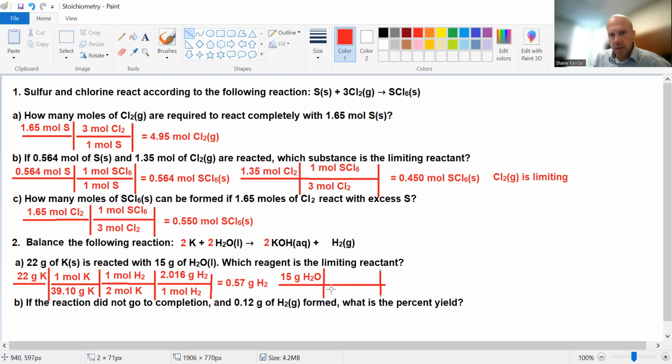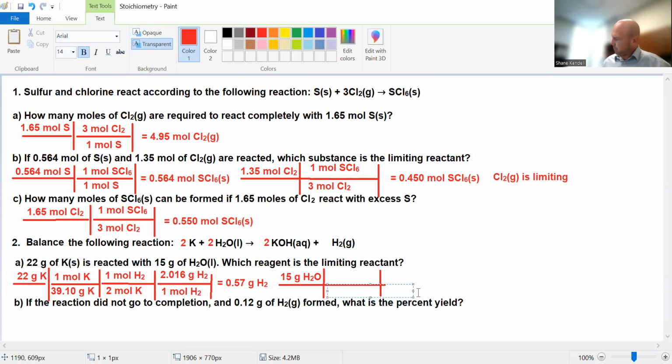And so the molar mass of H2O, when I go to my periodic table and look at it, for the H is 1.008, and then the oxygen is 16, gives me roughly 18.016 grams.